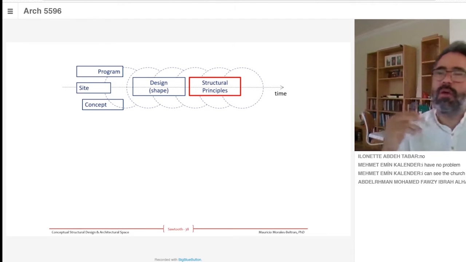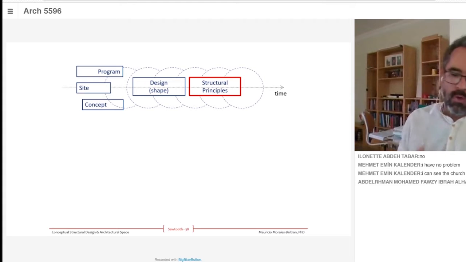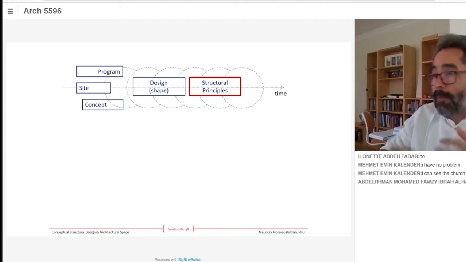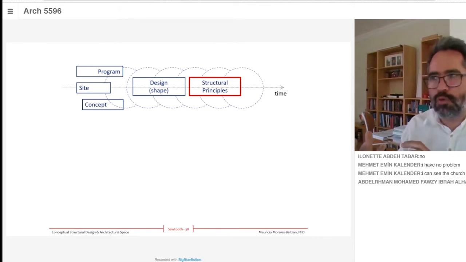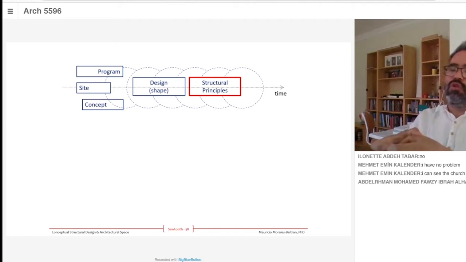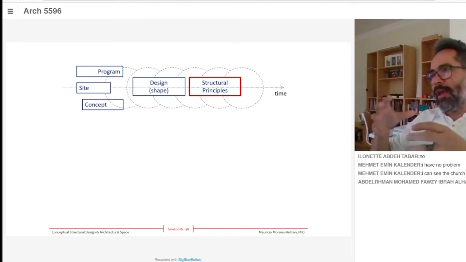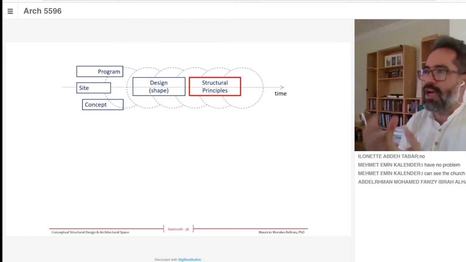So most architects, if you ask them, think that the idea or the proposal is going to come from an interaction between the program, the function, what the building is going to be, understanding the site, the context relationship, and of course maybe some conceptual approach I have, and that is going to determine the design. And after I have an idea of the design, I introduce the structural principles.